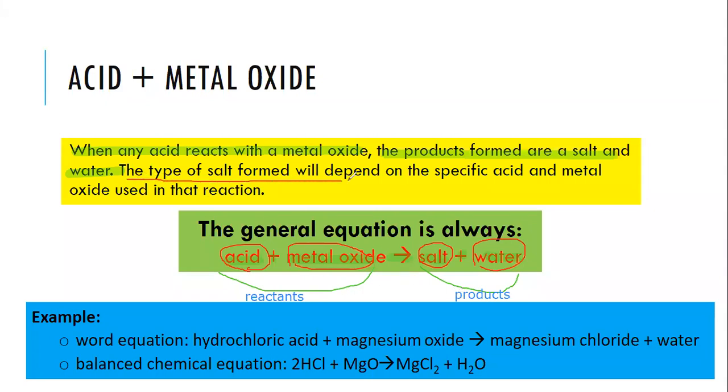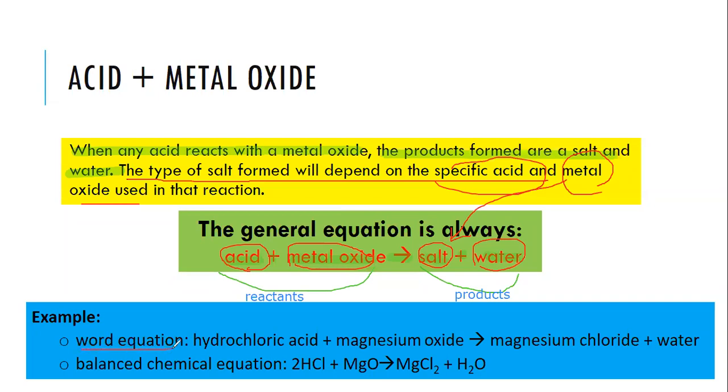And the type of salt formed will depend on the specific acid and metal oxide, because one part of the acid and one part of the metal oxide come together to form the salt. So if I know the acid and the metal oxide, then I can tell you which salt is produced, what will be the name of the salt, and what are the elements that form the salt. The one example that we just discussed is the word equation.